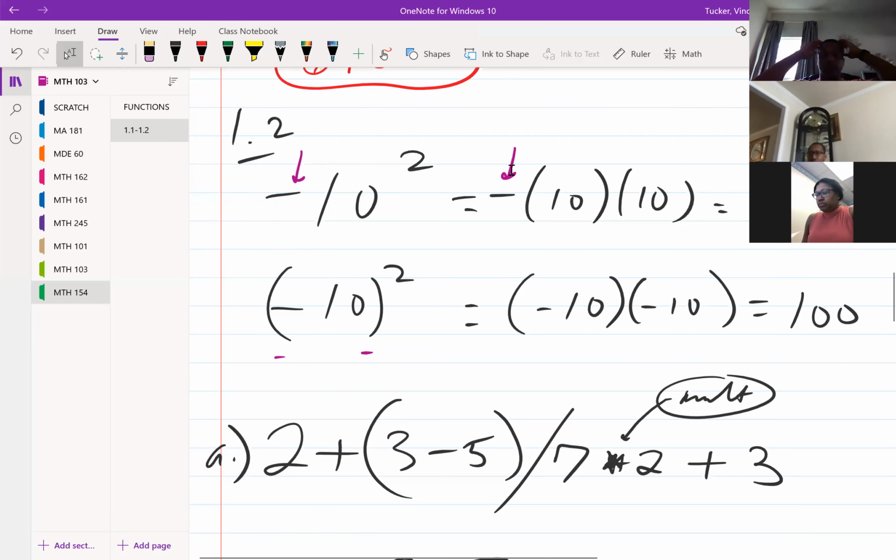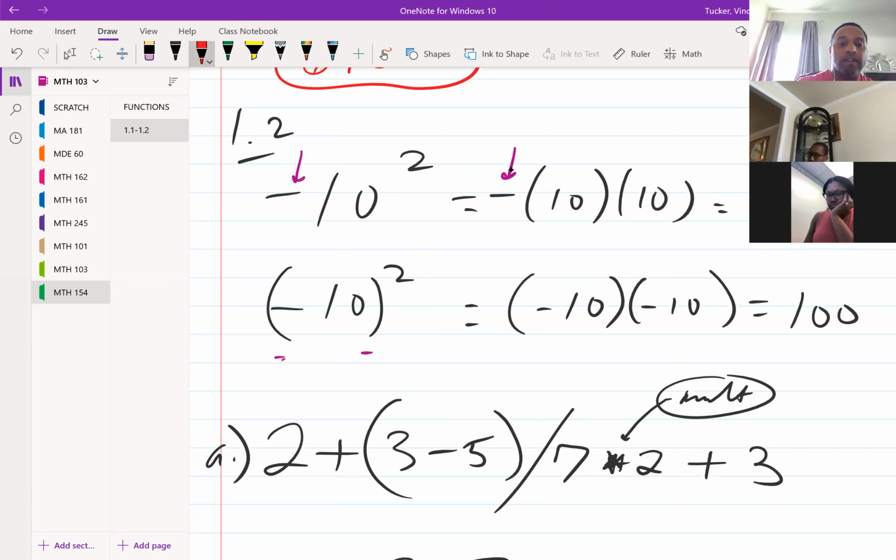I want to make sure we're okay with certain things that you see in this section. First, in the first one we had -10. There's a difference between -10 squared and then (-10) squared with parentheses. When you do have parentheses, you are including the negative as a part of that squared application. So here we have -10 being squared with parentheses. That means -10 times -10, and negative times a negative is a positive 100.